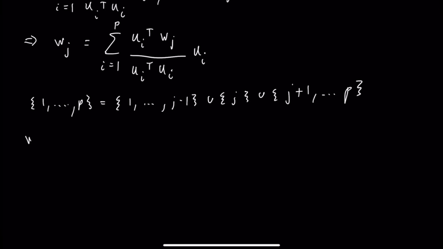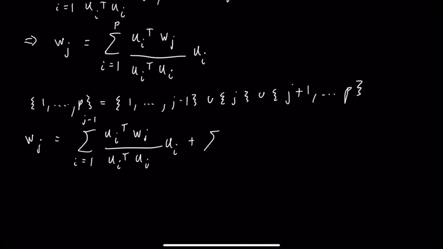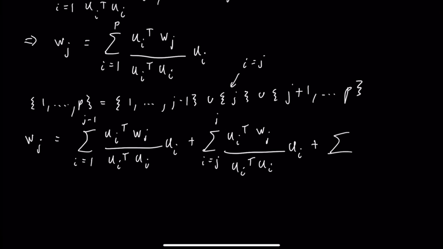Now we could rewrite Wj. The first part is the sum from I equals 1 to J minus 1 of UI transpose Wj over UI transpose UI, plus the part where I is equal to J of UI transpose Wj over UI transpose UI, plus the sum from I equals J plus 1 to P of UI transpose Wj over UI transpose UI.